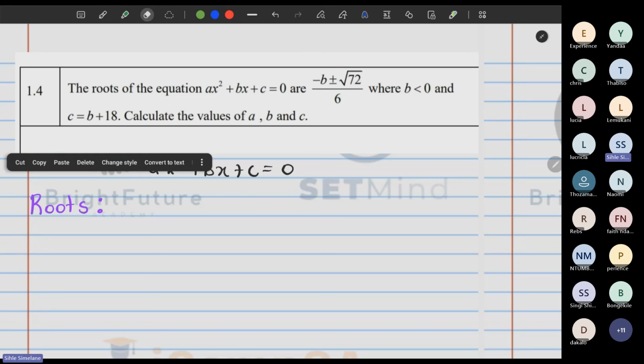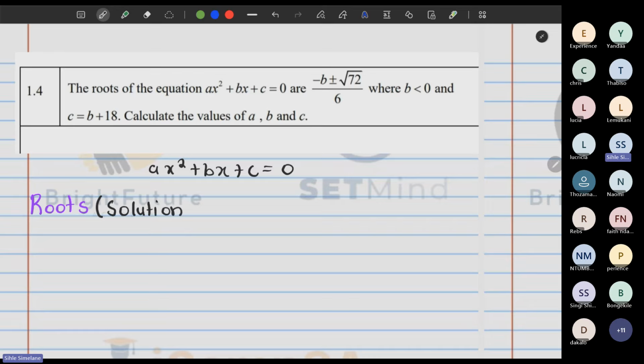are given as follows. When they say roots, guys, remember that is the solution to the quadratic equation. That is what they are referring to.